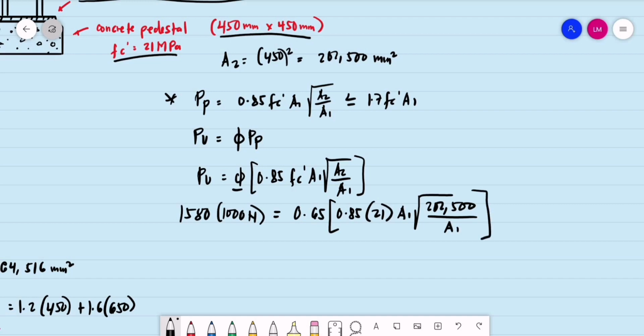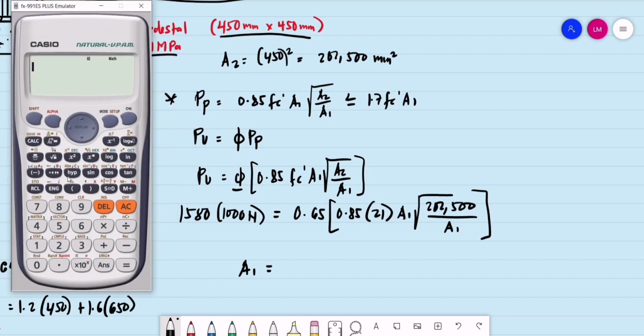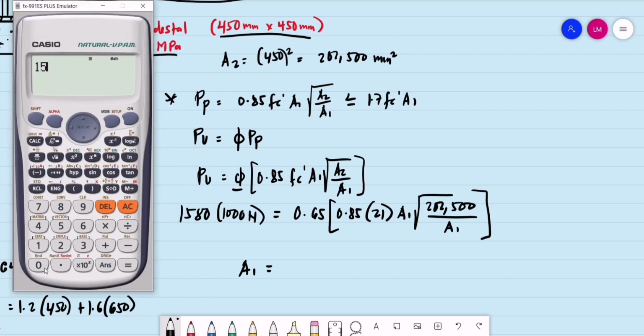So let us compute for the value of area 1. We have 1,580 multiplied by 1,000 to be in newtons is equal to 0.65 multiplied by 0.85, then 21 megapascals, area 1, multiplied by the square root of 202,500 divided by area 1.